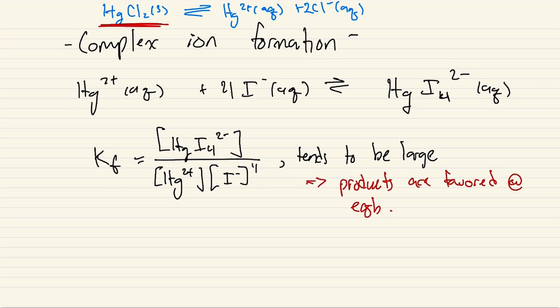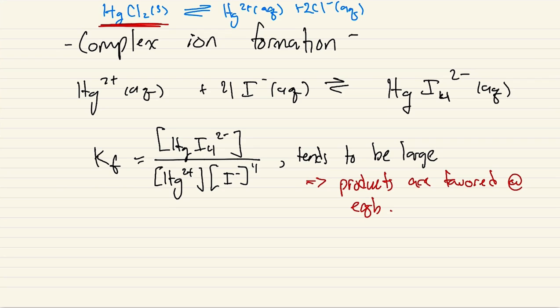But these can be used to increase the solubility of some relatively insoluble solids that we have in solution. The formation of the complex ion is super favorable, so it decreases the concentration of some ions in solution, which means that it'll force other things to dissolve in solution. And so again, I mentioned it in the lab, but keep in mind when you're doing the qualitative analysis lab: why am I adding this to solution?